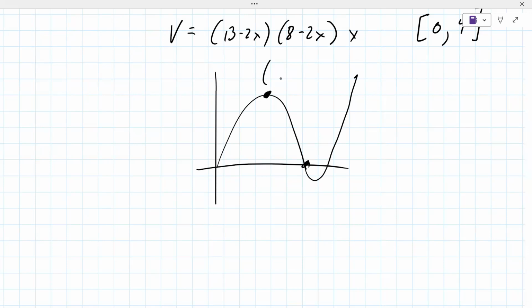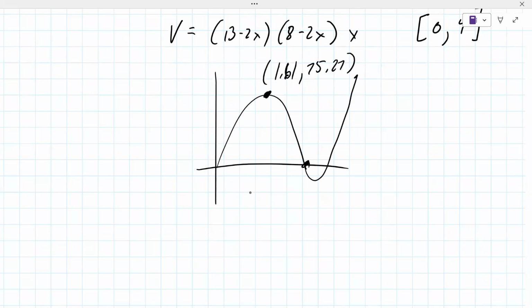Oh wait, I should have it here. 1.61, comma, 75.27.